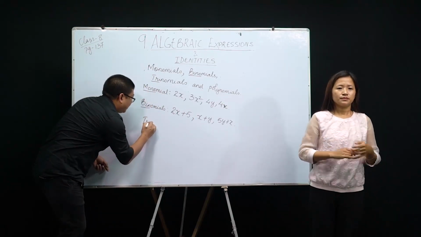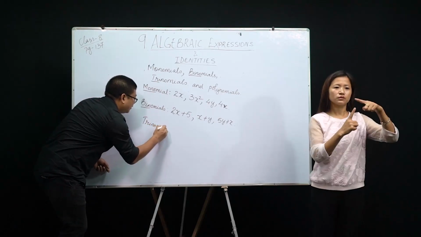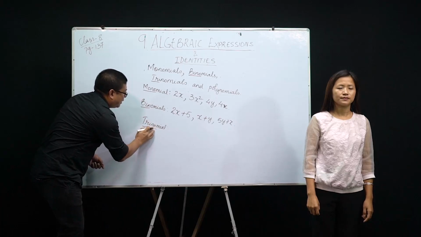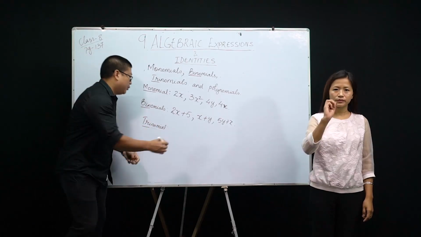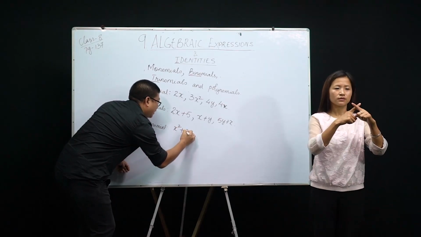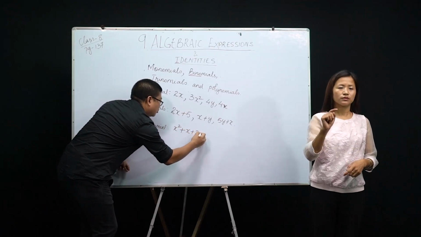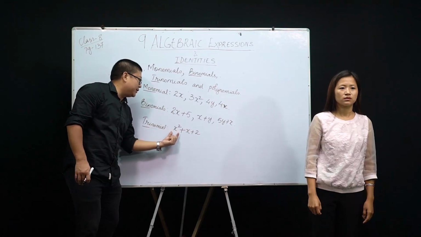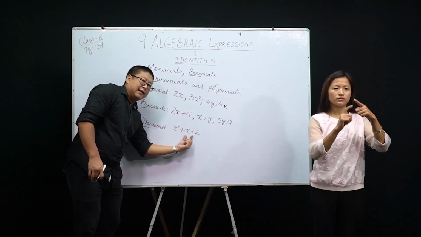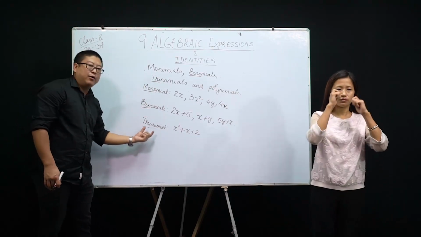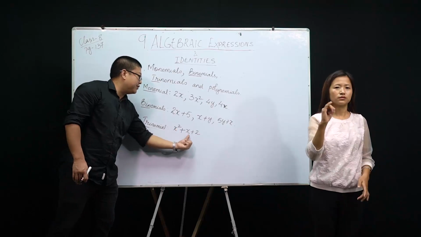Similarly, if you look at trinomial, tri means 3. So we will be writing, for example, x square plus x plus 2. We can simply write any expression. We can see that there are three terms: x square, x, and 2. So these types of expressions are called trinomials because they have three terms.